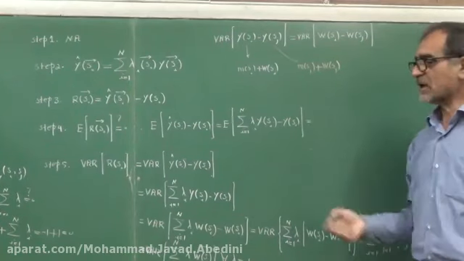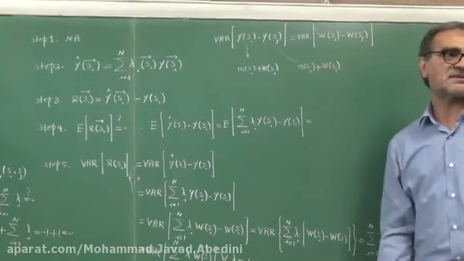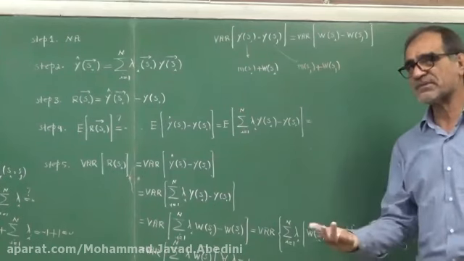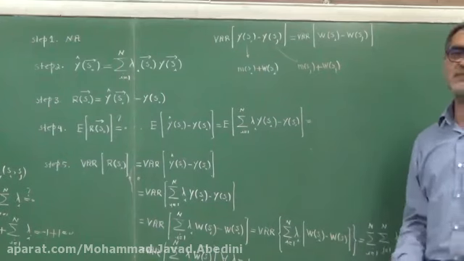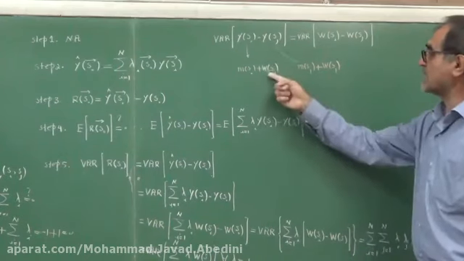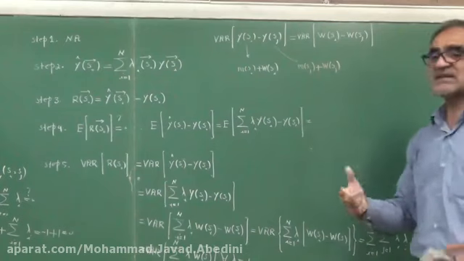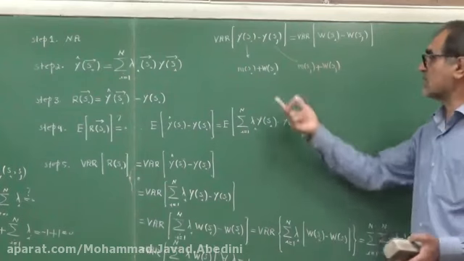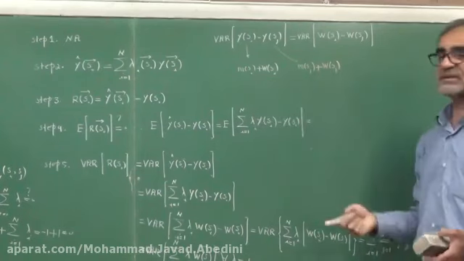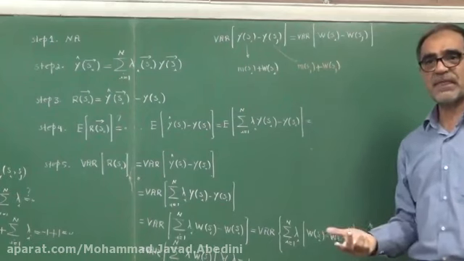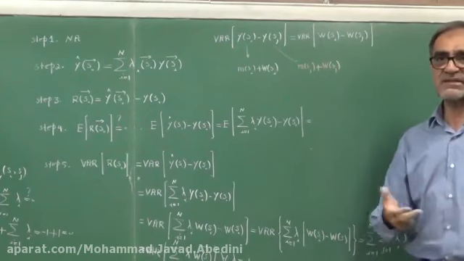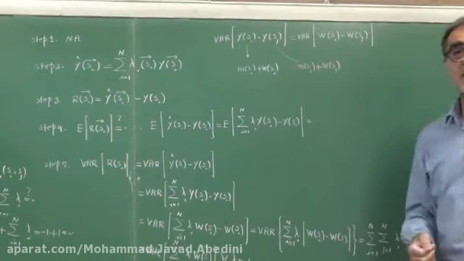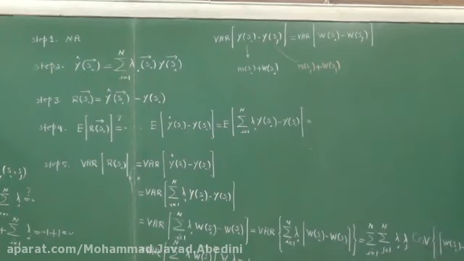And that single number would not change the variance if you add or subtract it from a random variable. W at Si minus W at Sj is a random variable, and M of Si minus M of Sj is a single number. If you add or subtract this number from this random variable, its variance would not change. That is why.